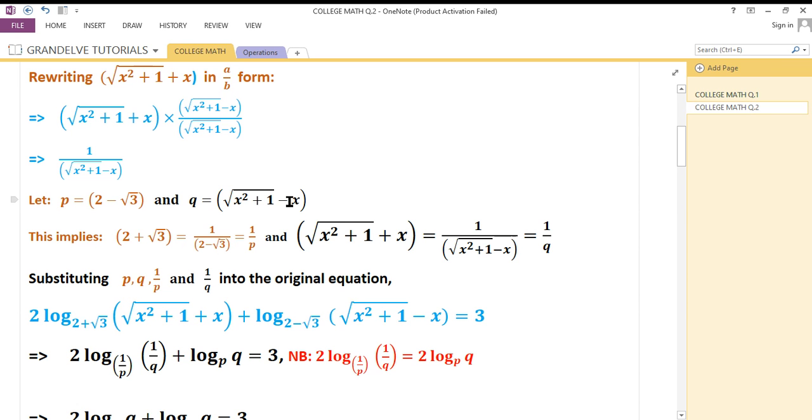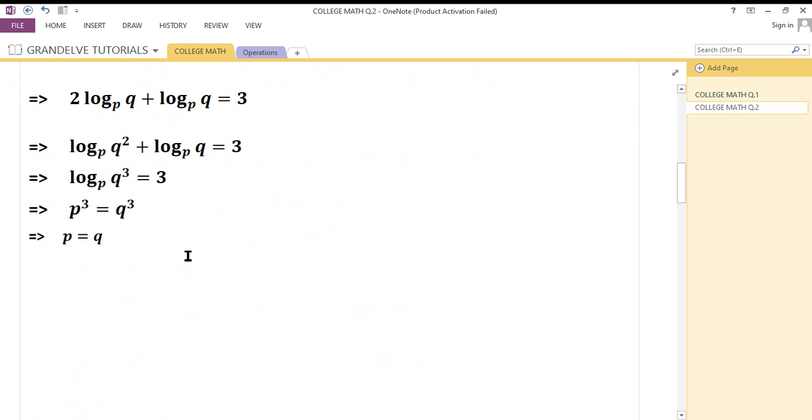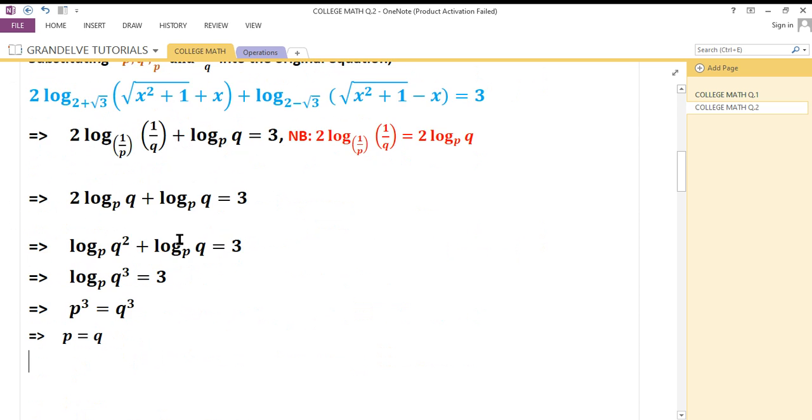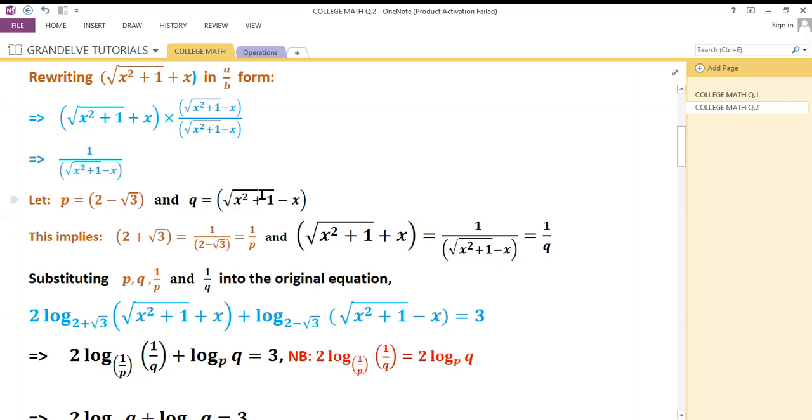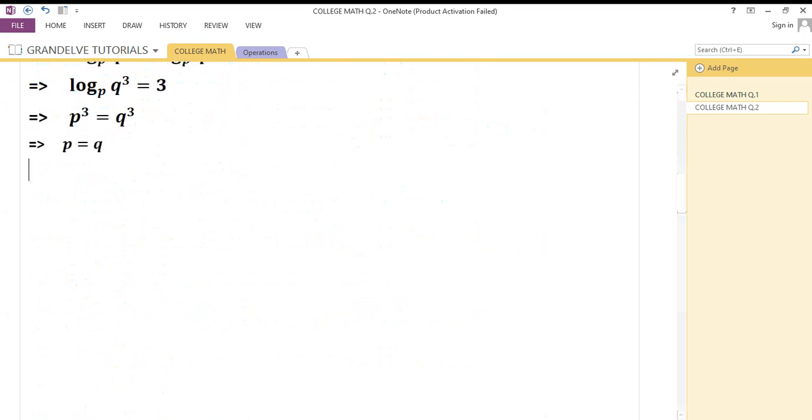Which means that if p and q are equal in this case, these two expressions are also equal. I believe you agree with that. In that case, you accept this statement to be true and correct.